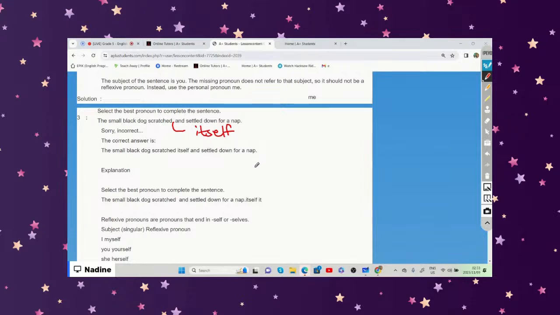So basically, after scratching itself, the dog settled down for a nap.